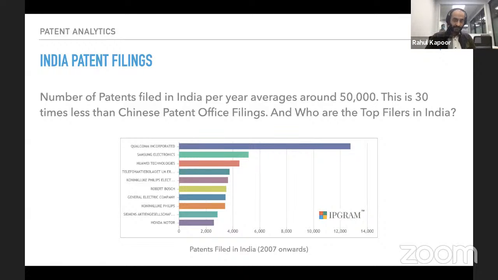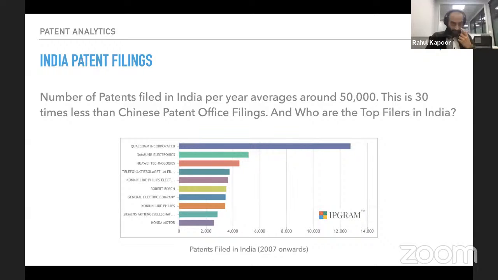This is where the 50,000 figure looks even worse, because around 70% of the filings in India are from foreign companies. If you look at all Indian players, the big corporates, universities, individual inventors, everyone, they are filing only 15,000.